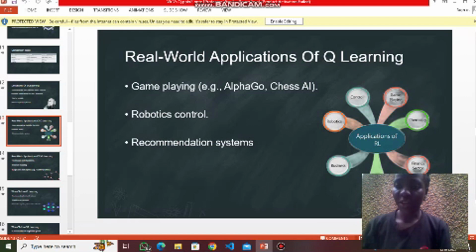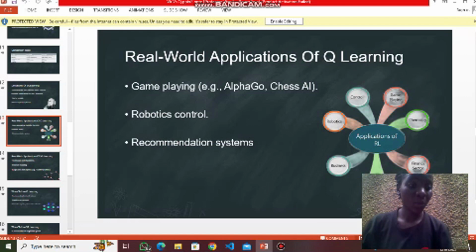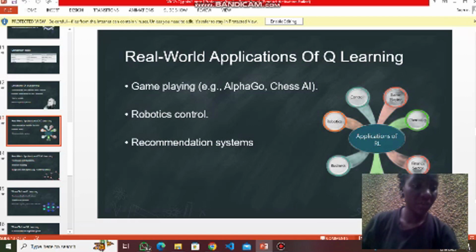The Q-learning concept is applied in recommendation engines to personalize user experiences. To give an example, in e-commerce on platforms such as Amazon and Alibaba, Q-learning optimizes product recommendations based on browsing and purchasing behavior, thus improving the conversion rates.